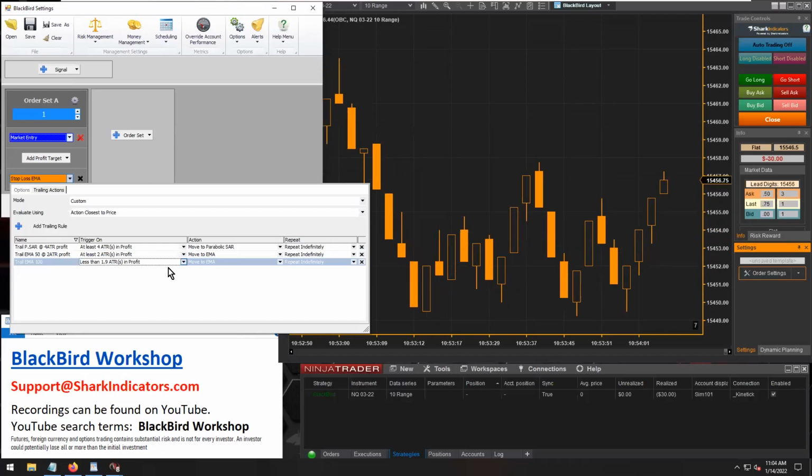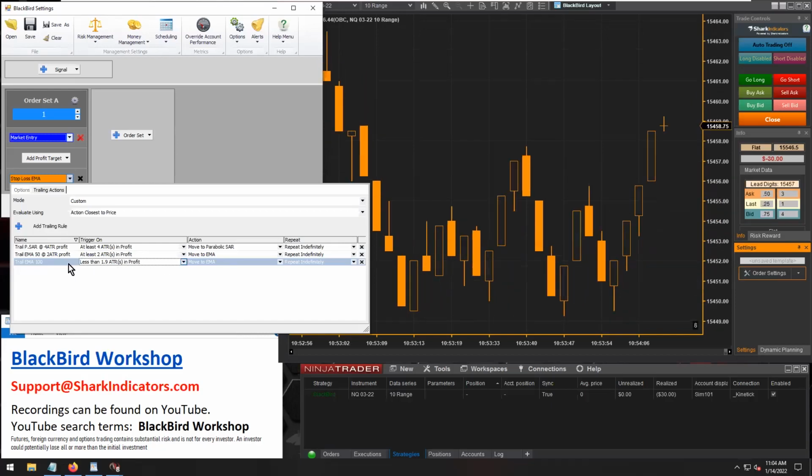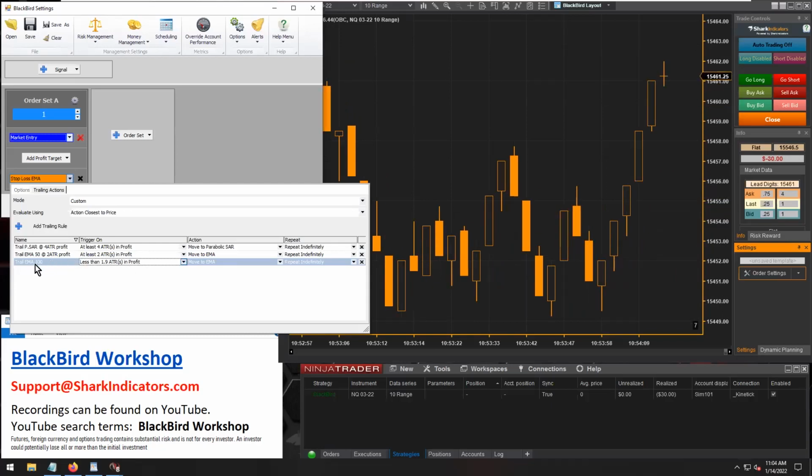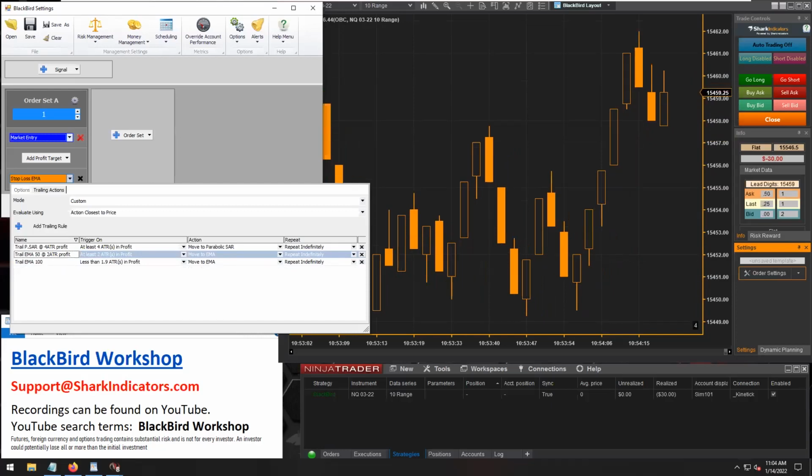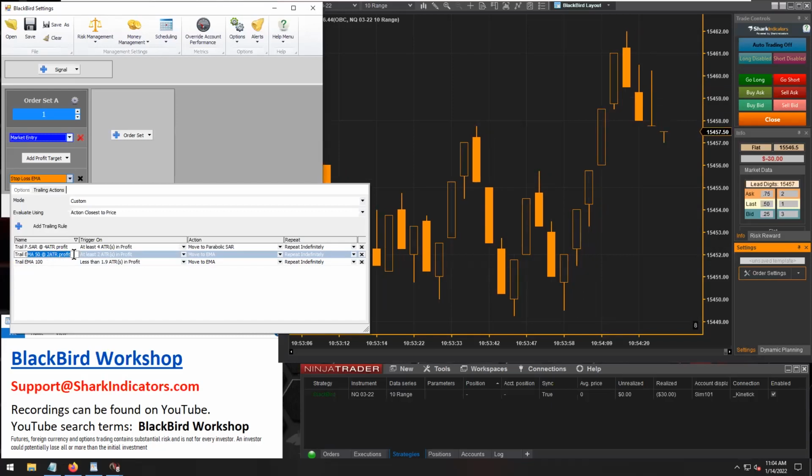So the trigger is no longer triggered anymore, and that effectively would turn off the trailing for the EMA 100, and then the only trailing rule that would take effect would be this trailing rule to follow the EMA 50, right?